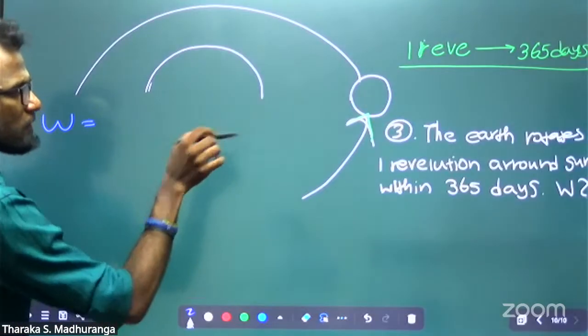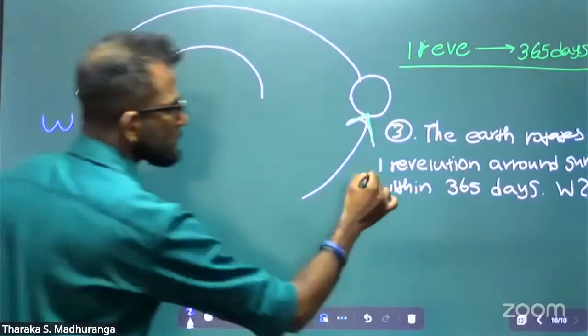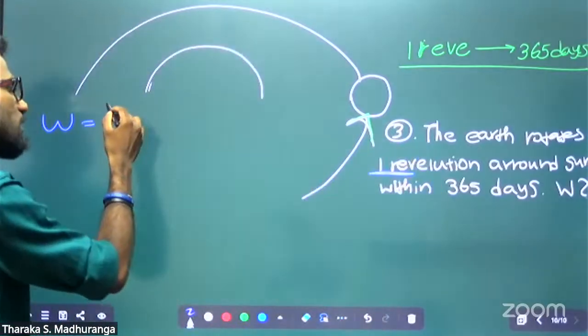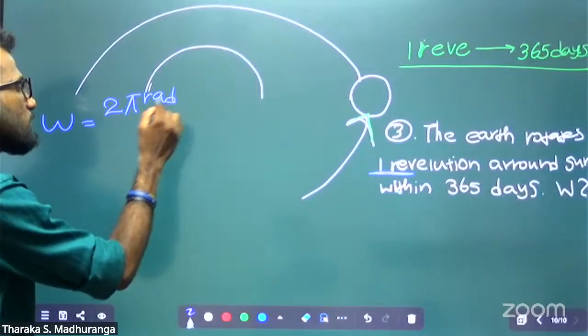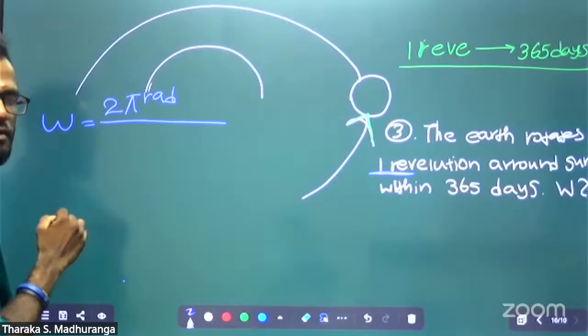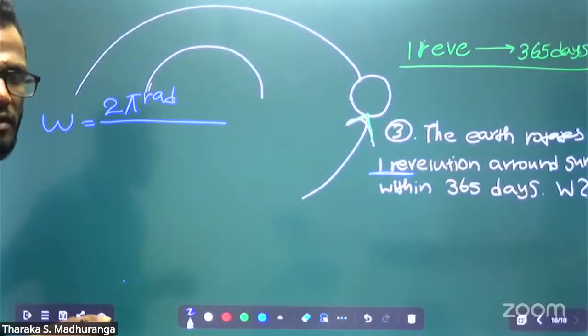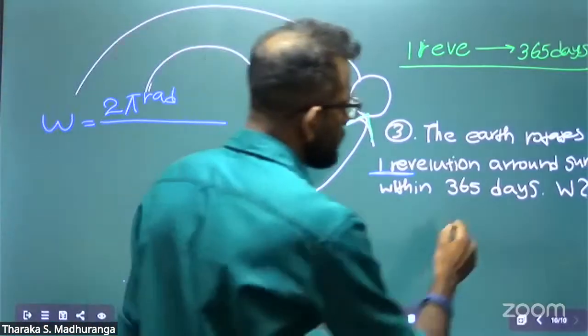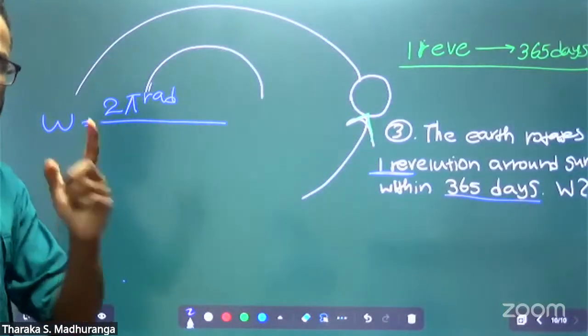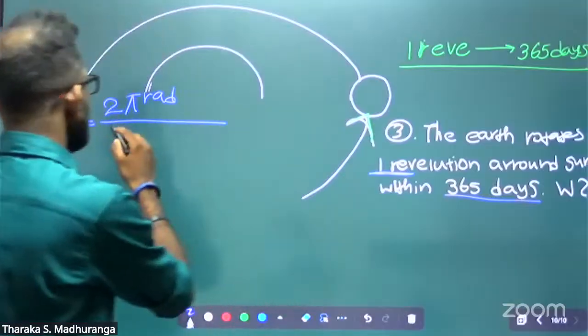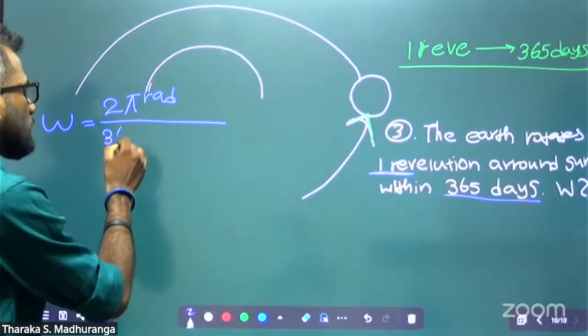The theta is one revolution, which is 2π rad. The 2π radian is the angular displacement. Divide by time, 365 days. But to get the standard unit, I need to convert the 365 days.